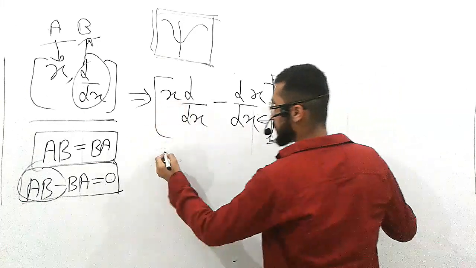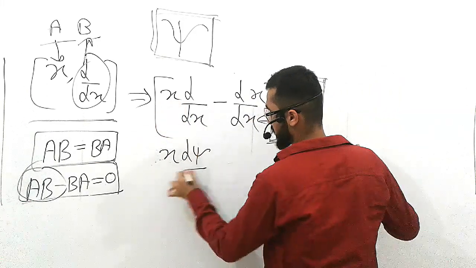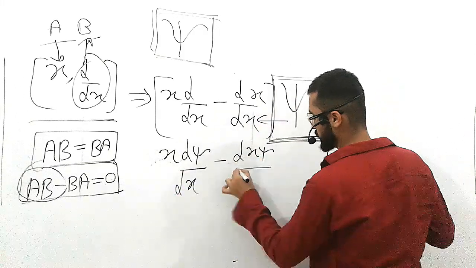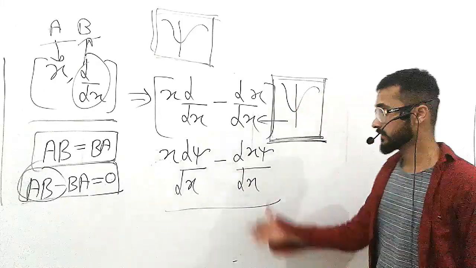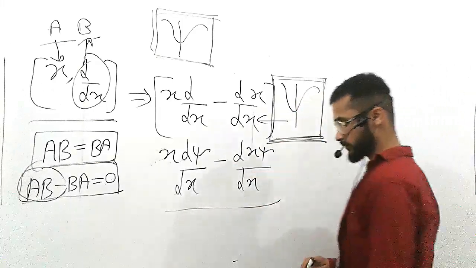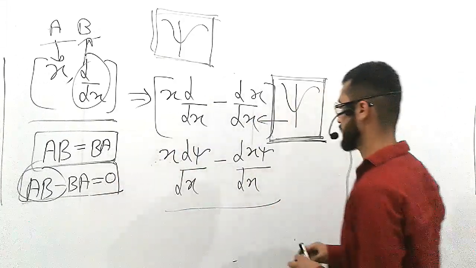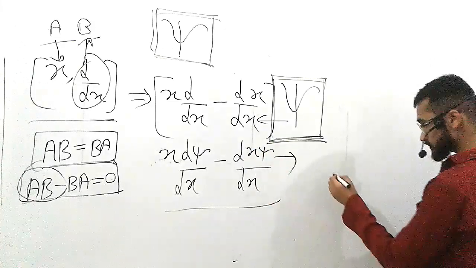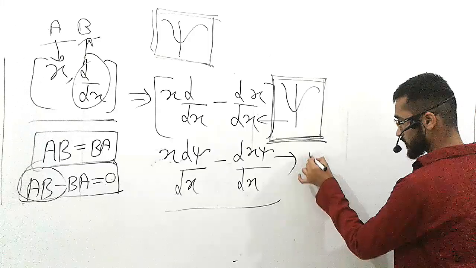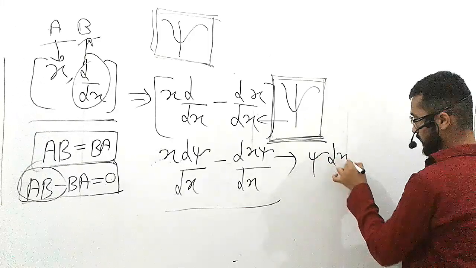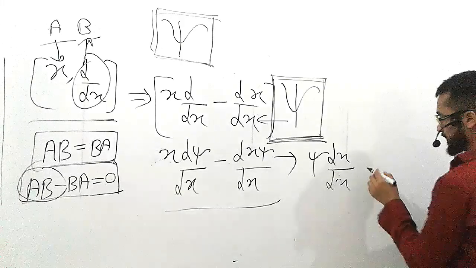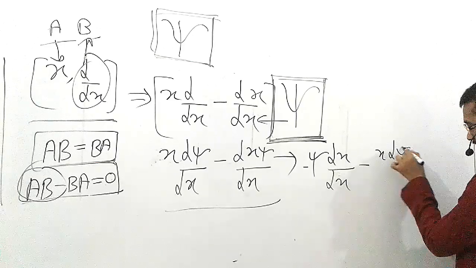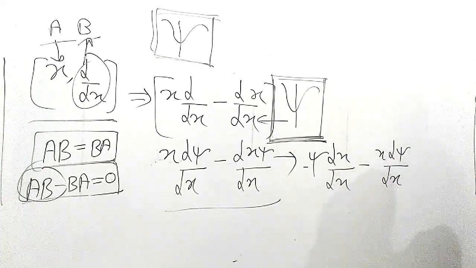Okay, so now let's simplify it. As you multiply, it will be written as x dψ/dx minus d(xψ)/dx. Okay friends, it will be written like this. And now we know that from differentiation it will be written as ψ dx/dx and x dψ/dx.